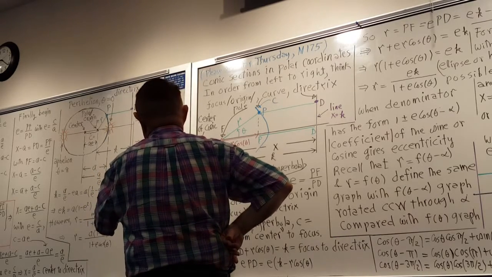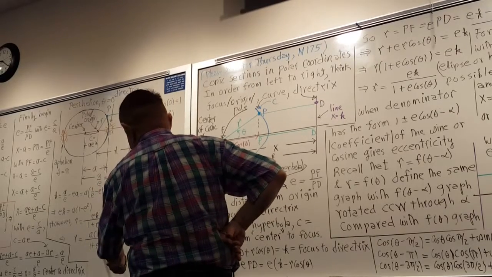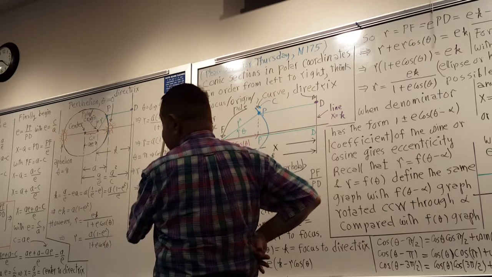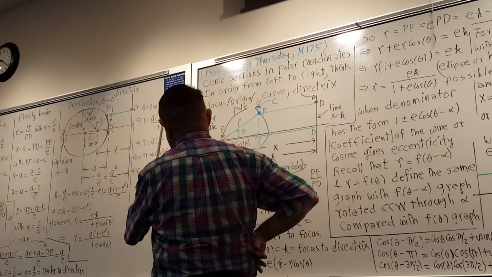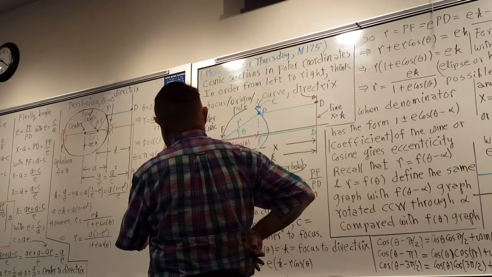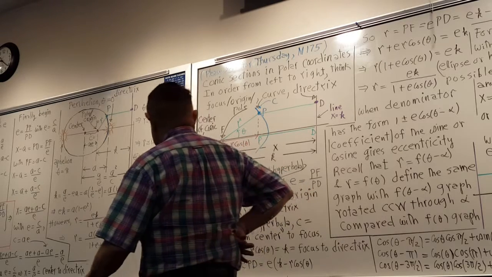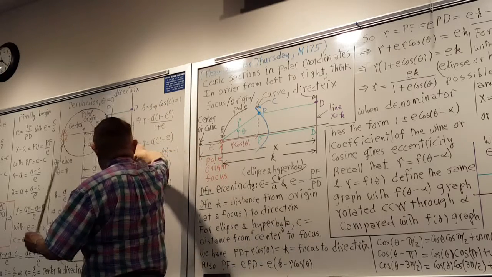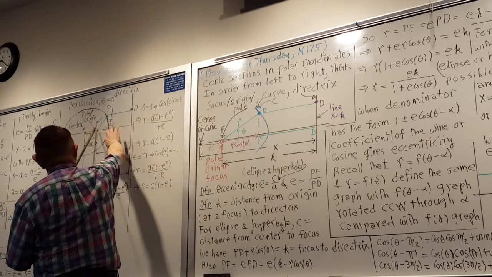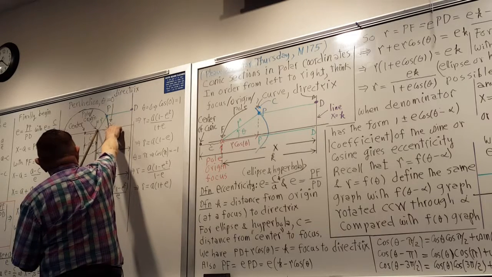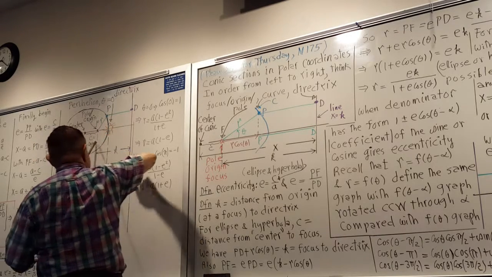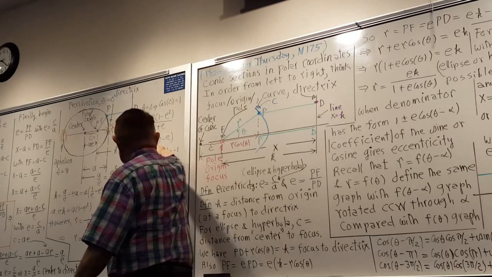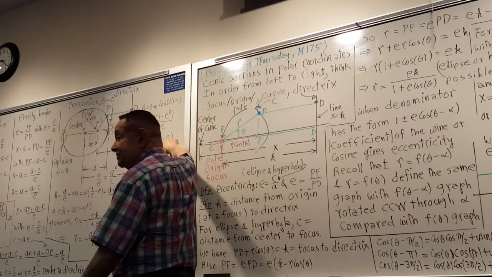Cosine of 0 is 1, so then this denominator is just 1 plus E. And you notice you have a difference of squares here, so if you factor and cancel, you have A times 1 minus E. So the distance then, R, from the sun to the Earth here at perihelion would be whatever is the major axis length times 1 minus the eccentricity.